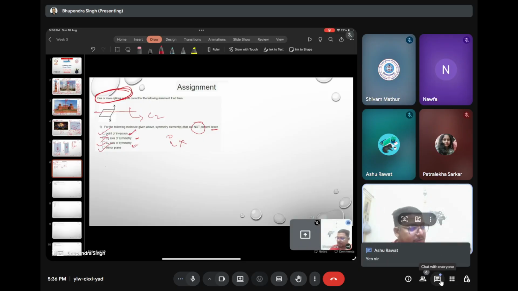Yes, sir. Because if you consider the point of inversion here, see, where will this X go? Here. This X will go here. So the point of inversion is not present.